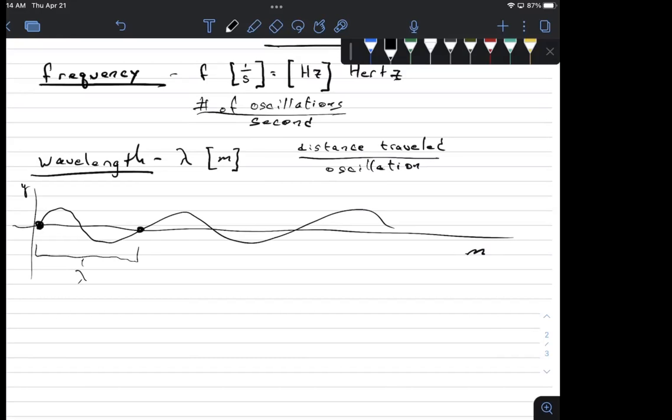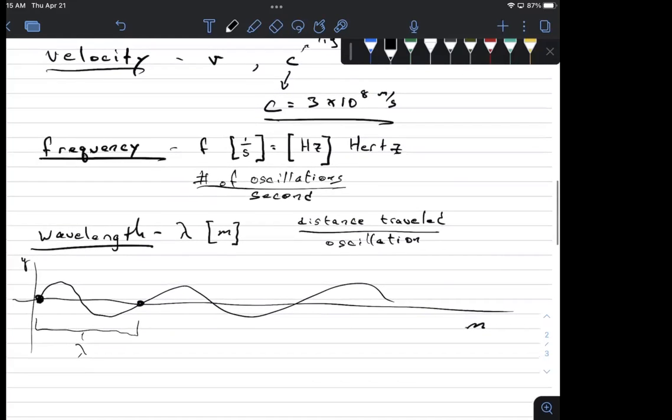Okay. So obviously, the wavelength relates to these other two things. Because think about it. Let's say this wave oscillates 10 times per second. Okay, fine. Well, if the velocity of the wave is very slow, then it only moves a very small distance by the time it does one oscillation. But if the wave moves very quickly, it has moved a long ways before it does that oscillation.